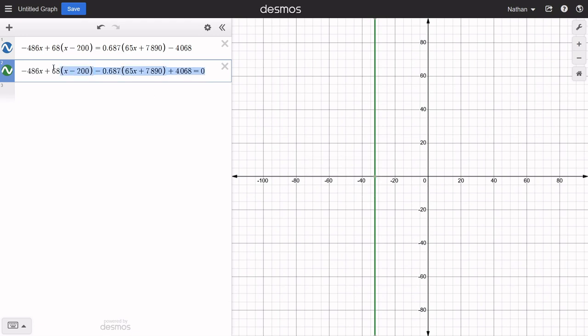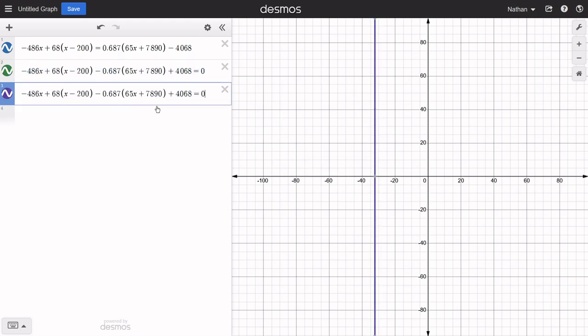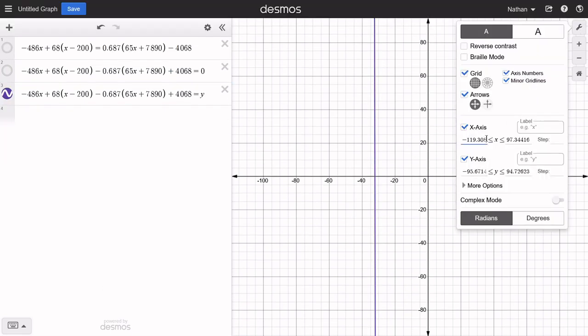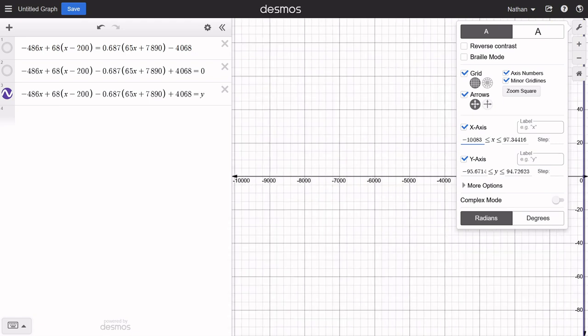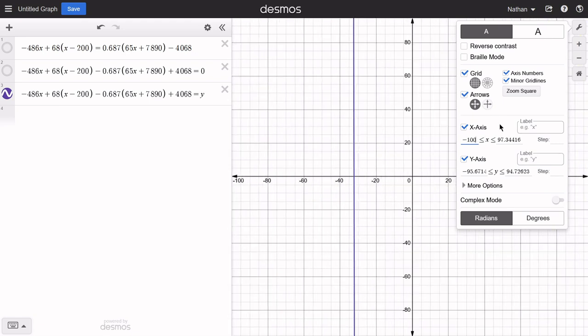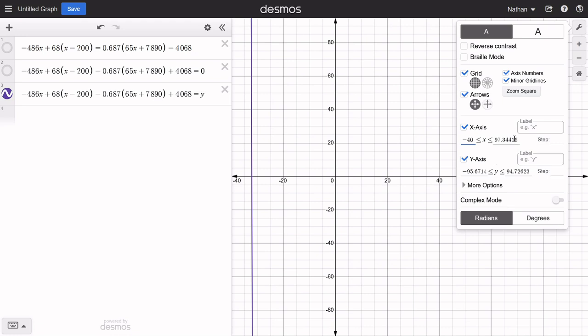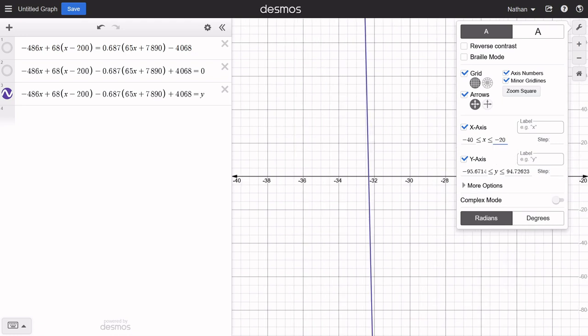But now what I can do is I can actually graph this function here as y. It's going to be hard to see here because I think it's very steep in its slope. So all I have to do to show that is show a smaller area of x and then a larger area of y, and that will show you the steepness there.